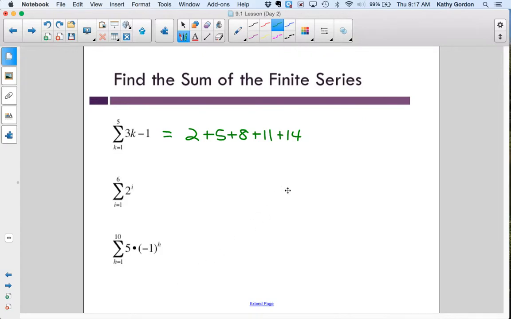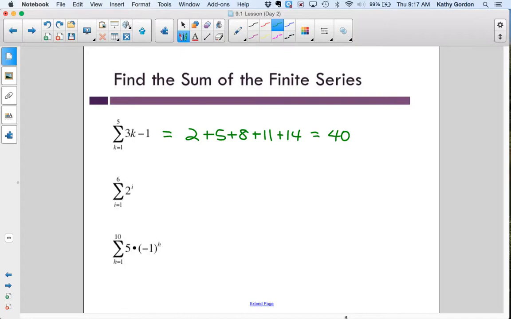Okay, and what's that going to give us when we add those all up? 40. Everybody agree? Okay, so that's what you're doing. You're just putting 1 in, get the answer. 2 in, get the answer. 3 in, get the answer. 4 in, get the answer. 5 in, get the answer. And then add all the answers up. That's all it is. Okay?